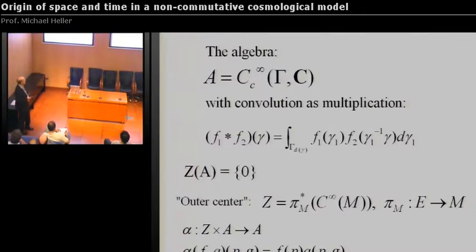As you see, this integral suggests that it is a non-local operation, because you must integrate over the entire space or some part of that space. I shall not go into the mathematical details of these operations. This is what we call the outer center of this algebra. It is important in the mathematical structure of the model, but I shall skip that problem. It's more technical.